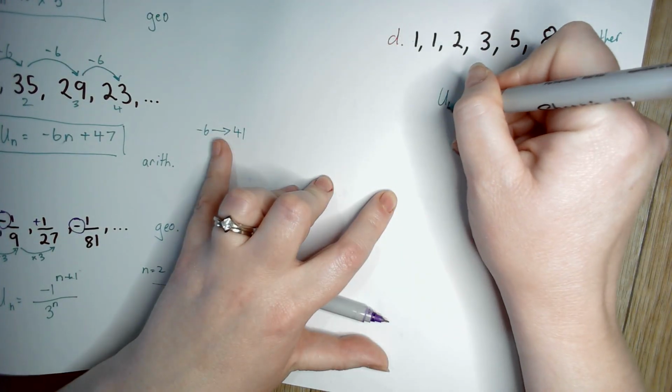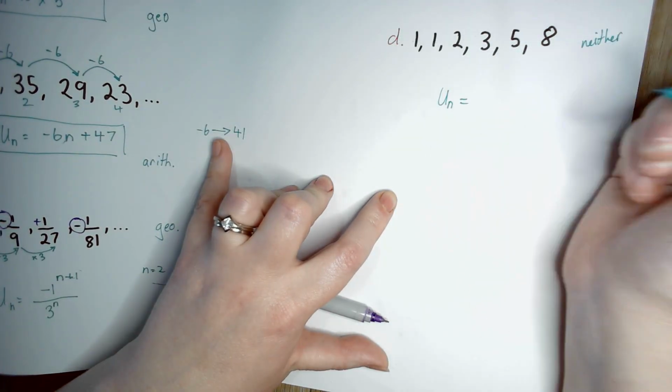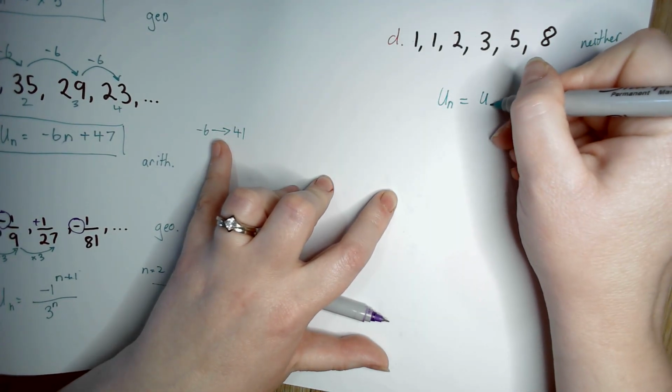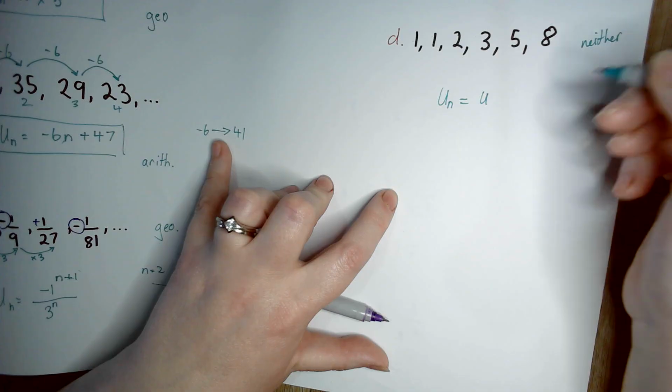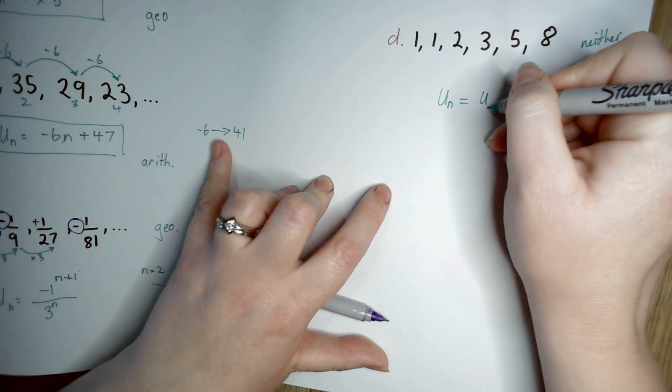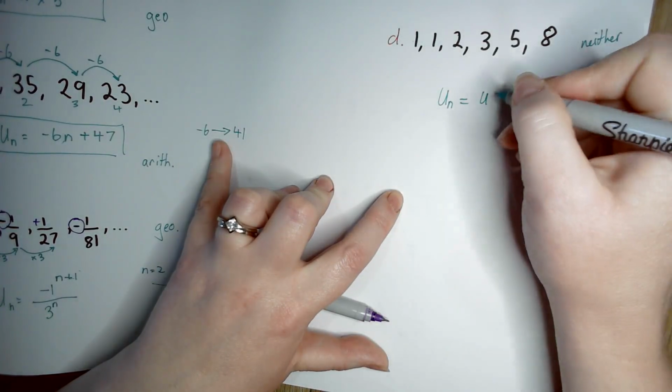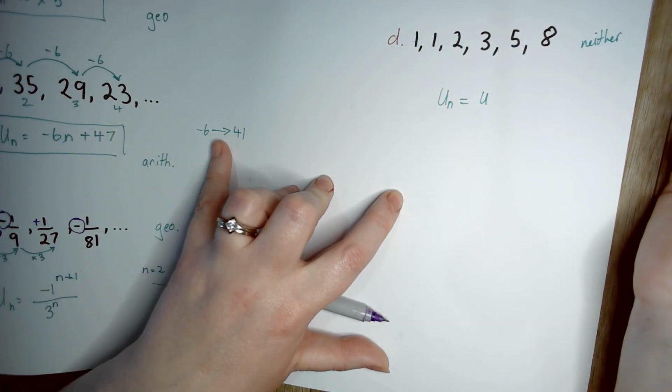So our u_n, our general formula, is going to be the first term, and I could even put a 1 for term number 1 here, but then I'm just specifically saying that this term equals it. So I still want to be a little bit general.